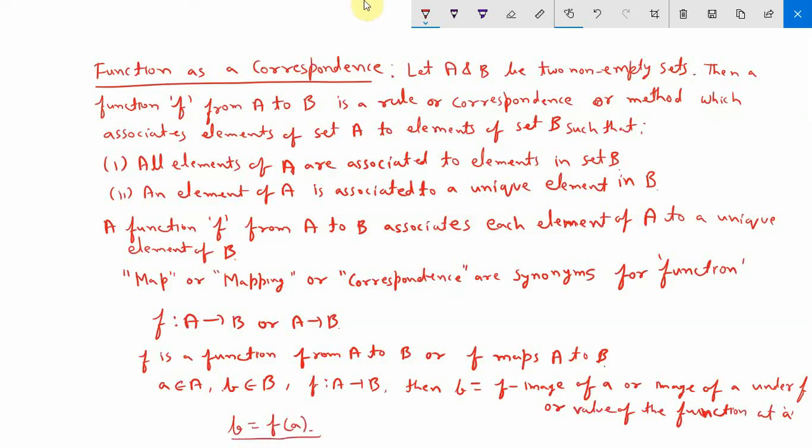So let me clean this. We will take an example of how it is shown as a correspondence.